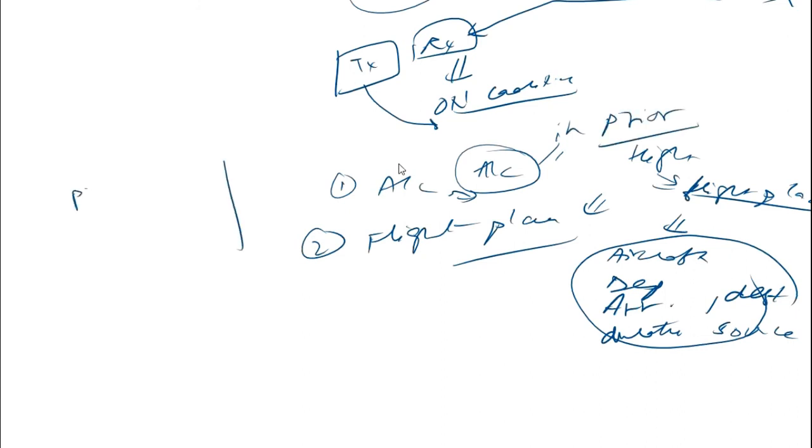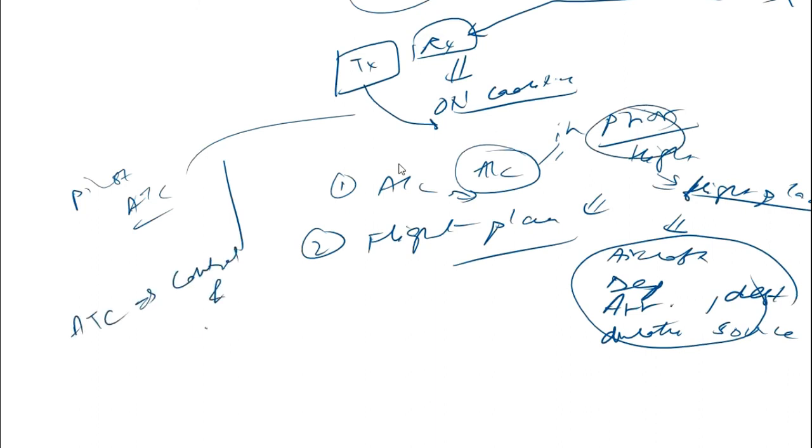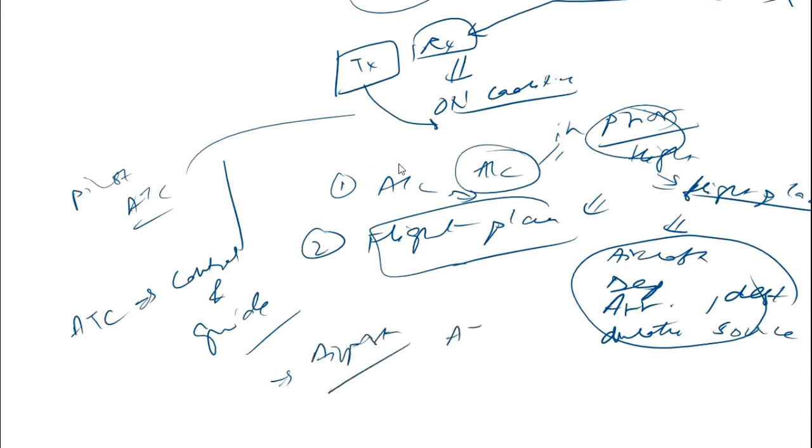Whenever the pilot communicates with the ATC, he will cross-check the flight plan, and then the ATC will know how to take control of the aircraft so that he can guide the pilot. Based on the flight plan and also the current situation in the airport, the ATC will decide on the runway, usability conditions, apron, and many other things.